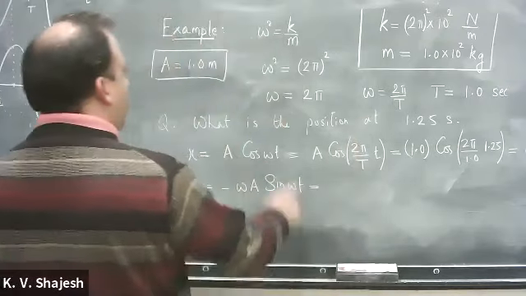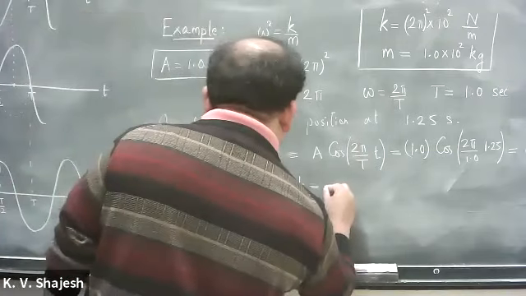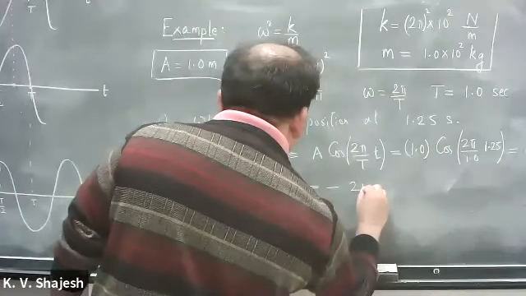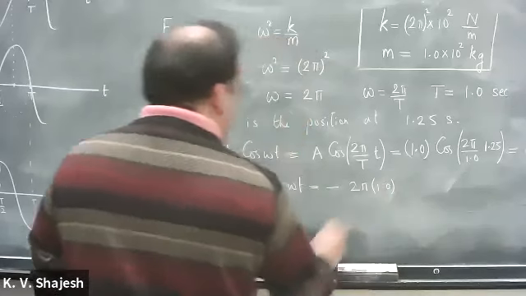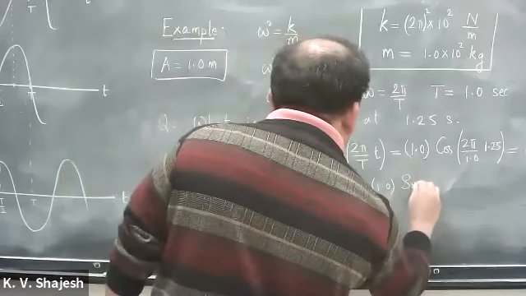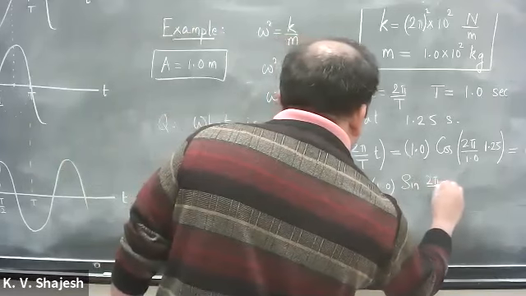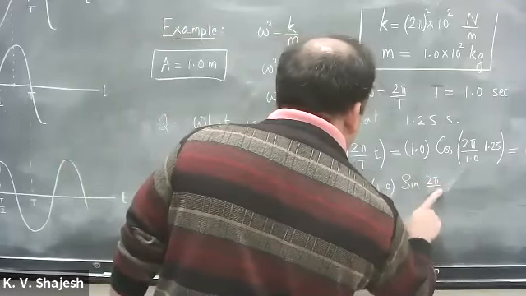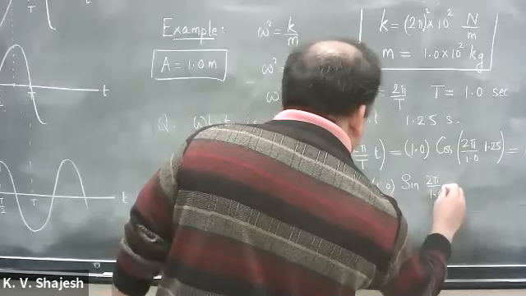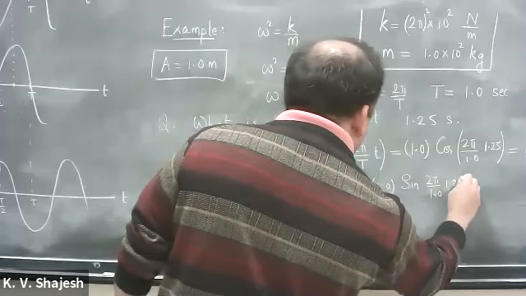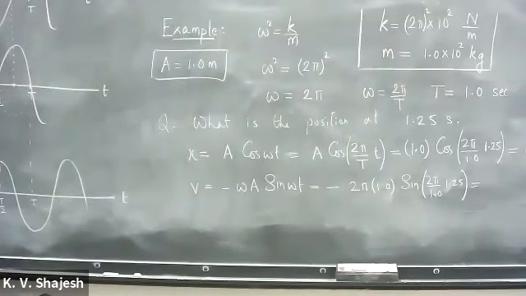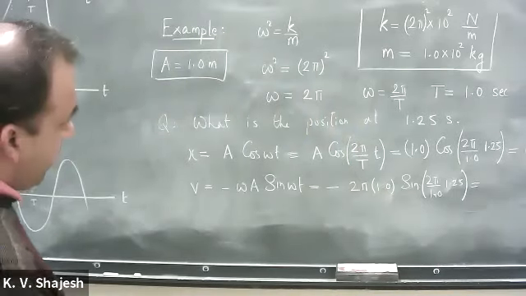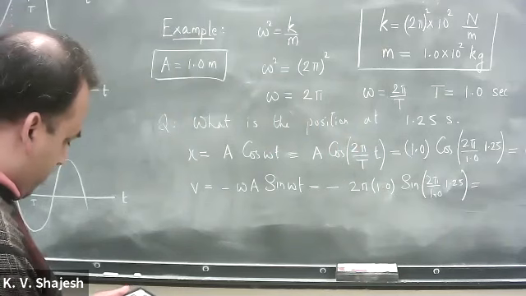Omega we said was 2 pi, so that's minus 2 pi times 1.0 times sine of 2 pi over capital T, that's 1.0 times 1.25. But sine of 1.25 times 2 pi will come out to be exactly 1.